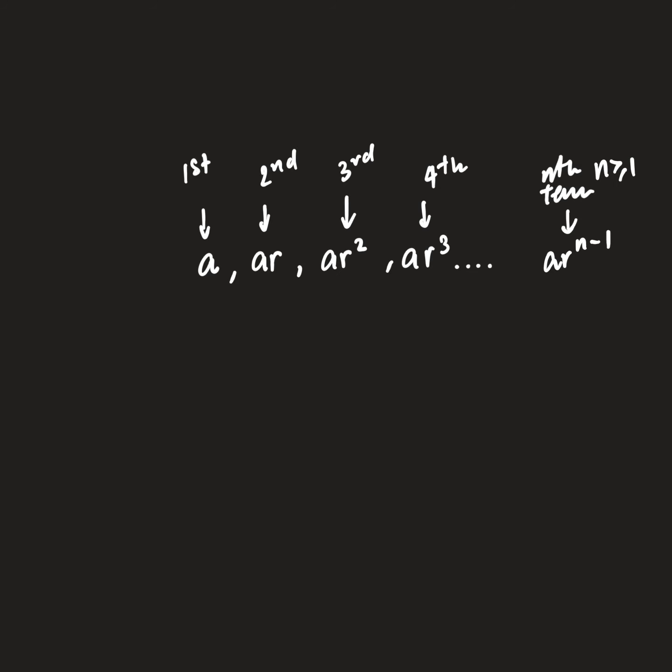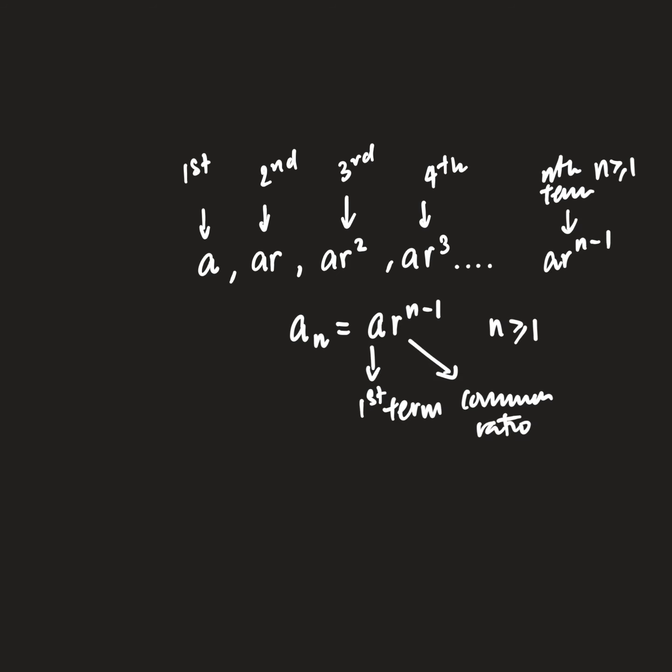So this leads me to deduce that for the nth term of a GP, A_n can be written as AR^(n-1), n greater than or equal to 1, where A is the first term and R is the common ratio. Now read the following 3 examples on your own.